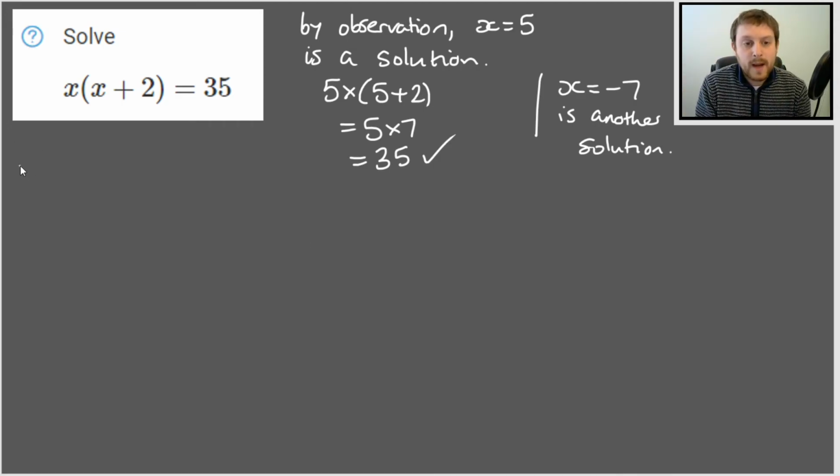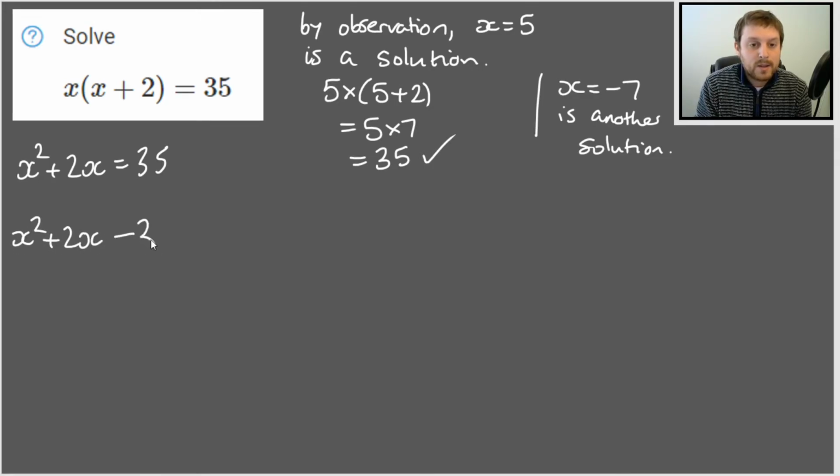So I'll start by expanding the bracket. So x squared plus 2x is 35. Then I'll take away 35. So x squared plus 2x minus 35 is 0. And then this factorizes as x plus 7 and x minus 5.